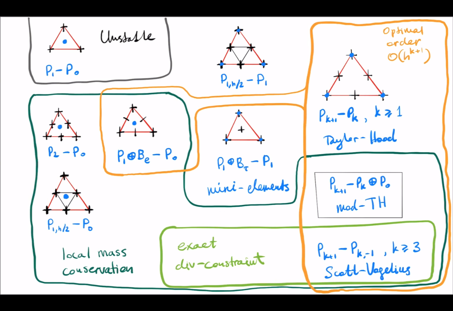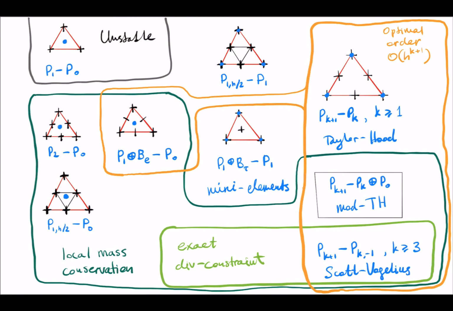If you want to get mass conservation, you can add piecewise constants to the pressure space, and we get elements called modified Taylor-Hood elements, which are also stable. So we get the local mass conservation for that. Now, if you remember, for this element, we had not only local mass conservation, we also had the divergence-free constraint satisfied exactly.